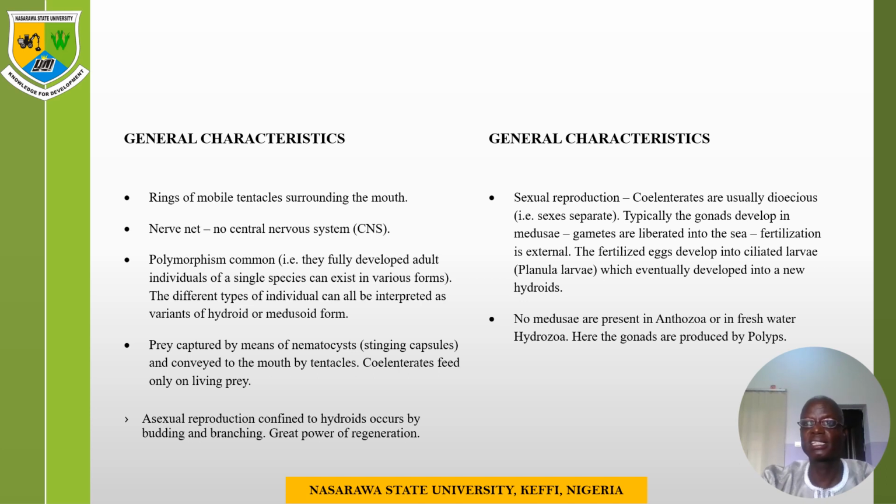The fertilized eggs develop into a ciliated larva, known as the planula larva, which eventually develops into a new hydroid. No medusa are present in Anthozoa or in freshwater Hydrozoa. Here, the gonads are produced by polyps.